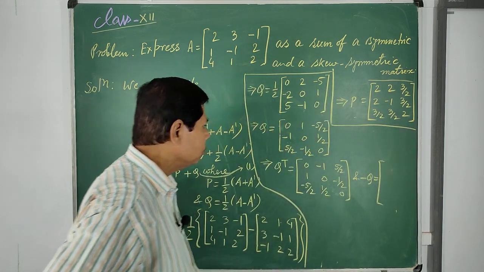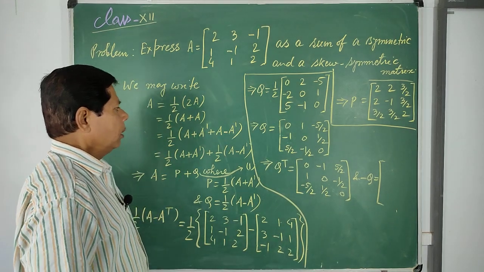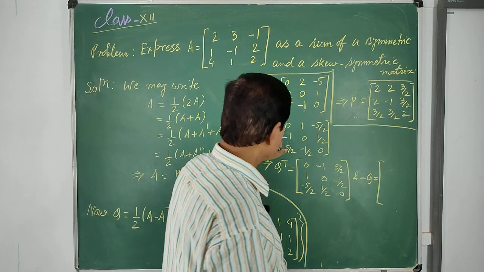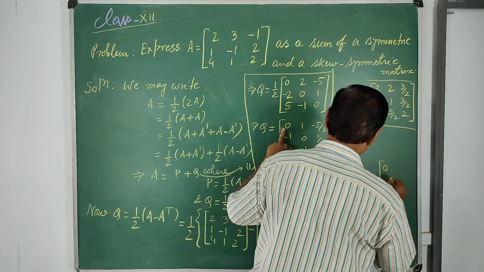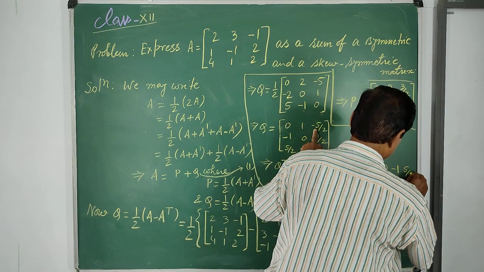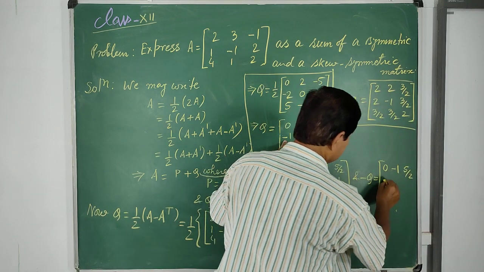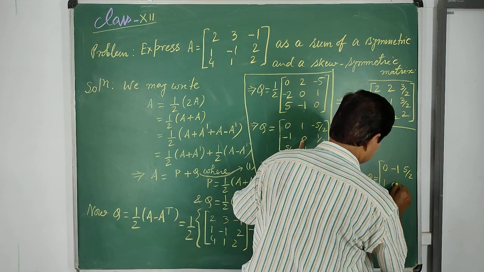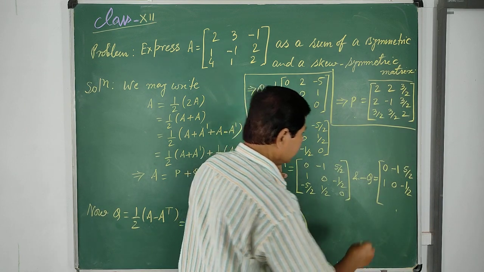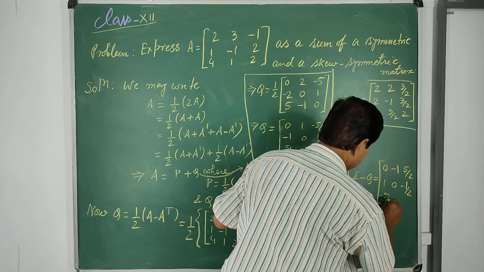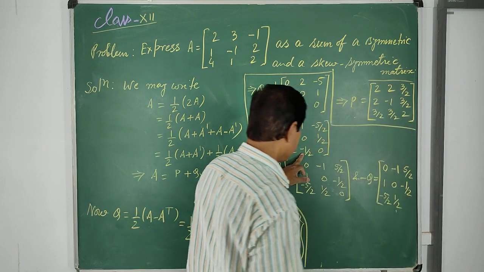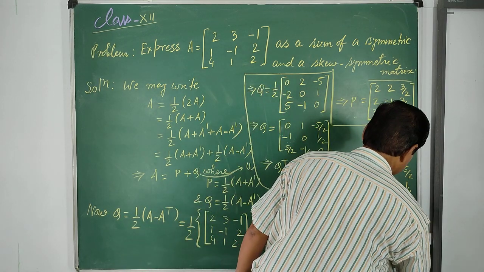Calculate minus Q as well. Minus Q is equal to, see here, if you take the negative of this, it will give you minus Q. So minus 0 is 0, minus 1, plus 5 by 2, plus 1, 0, minus 1 by 2, minus 5 by 2, plus 1 by 2, minus of minus half, and minus 0 means 0.